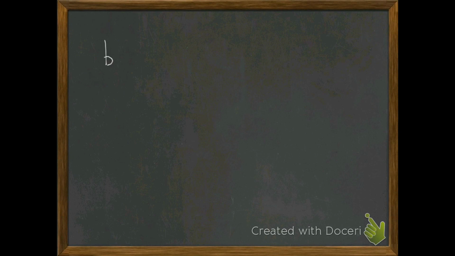Again, we have B1 plus or minus our t critical, with degrees of freedom 3, times the standard error for B1.